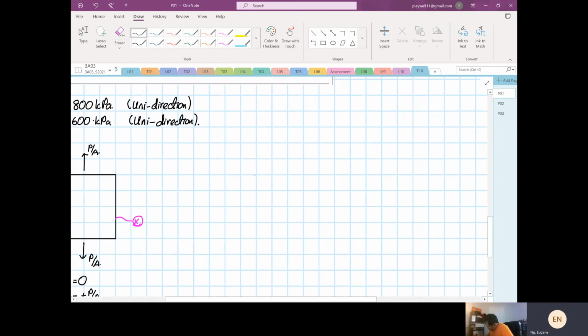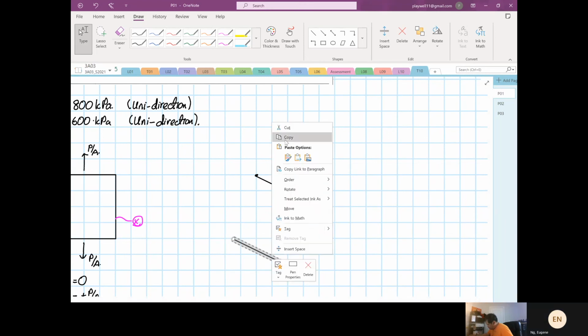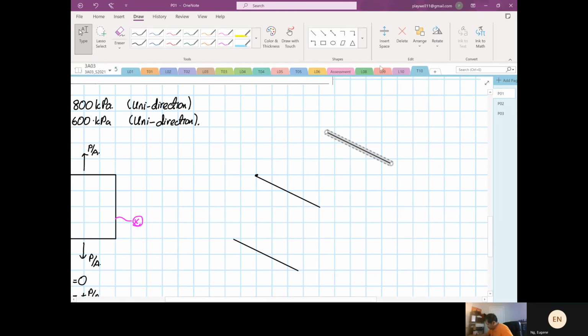So 25 degrees, bear with me. Our element now is at 25 degrees, so about here is 25 degrees. Then I'm going to rotate it.